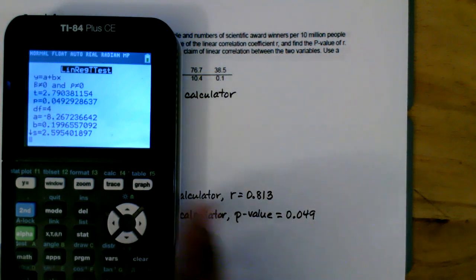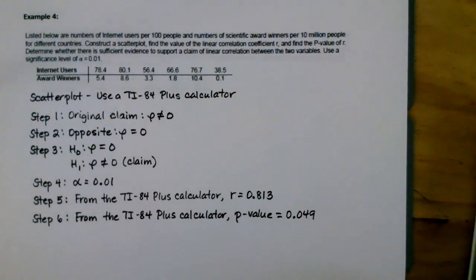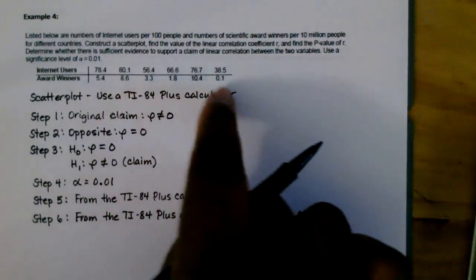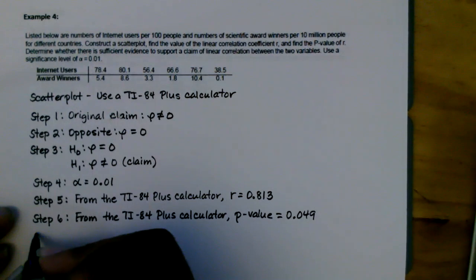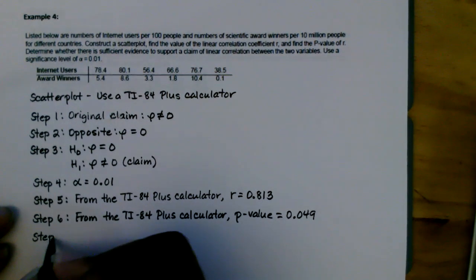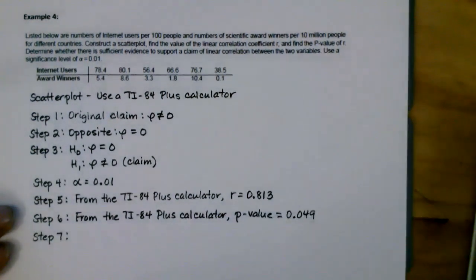But if they ask for the critical value, then you have to look at the number of paired data here, which in this case is 6 paired data, and your alpha level of 0.01. And you have to use table A-6 to get that critical value, okay? But here we're finding the p-value.